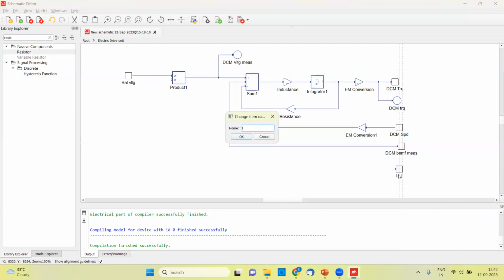So the name of this signal is mod ratio. Mod ratio is basically our modulation ratio. So what is the need for modulation over here? Basically, we are having this kind of a motor, and we are going to do the conversion. We are having a DC motor, and we have a DC battery, and battery is always taking DC kind of input.